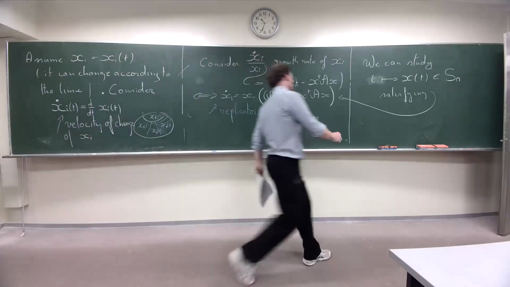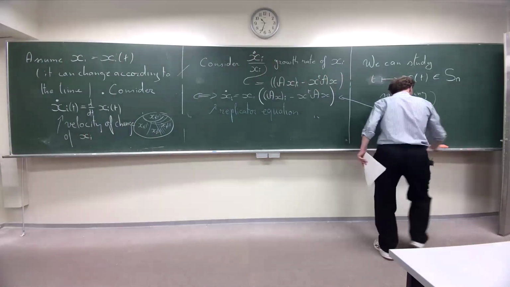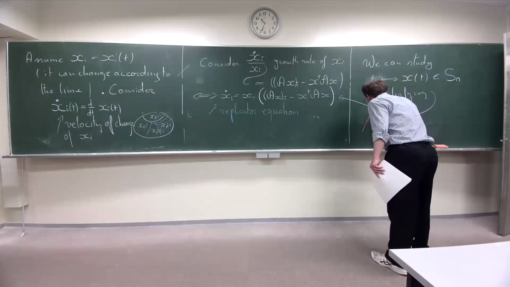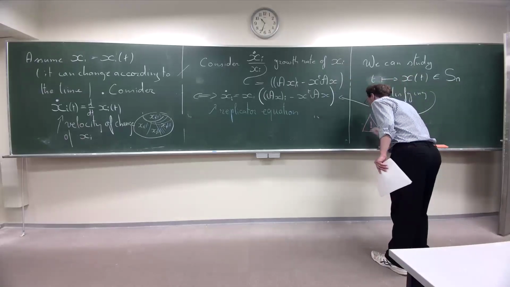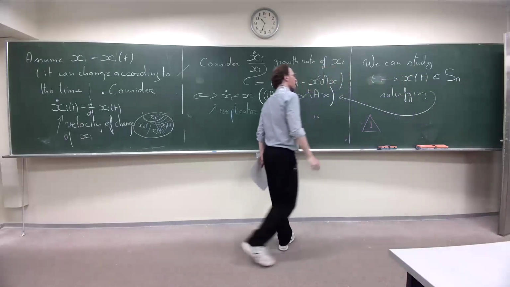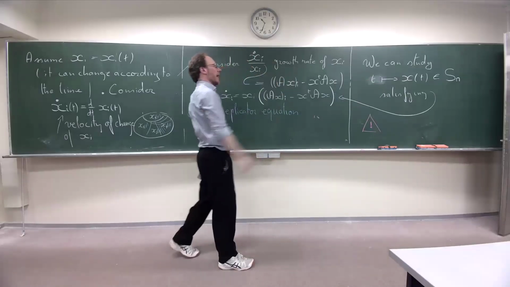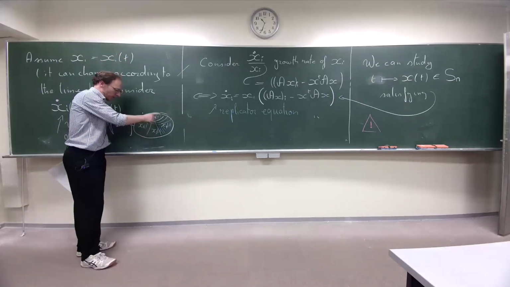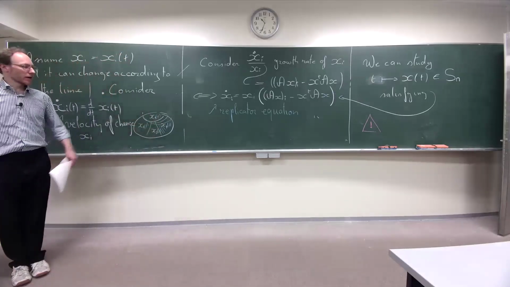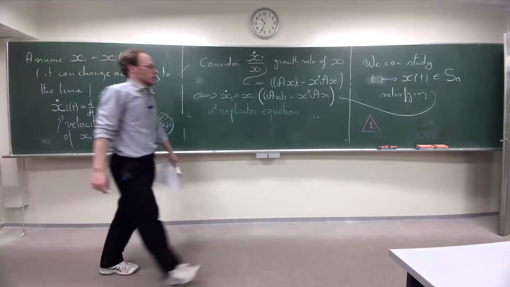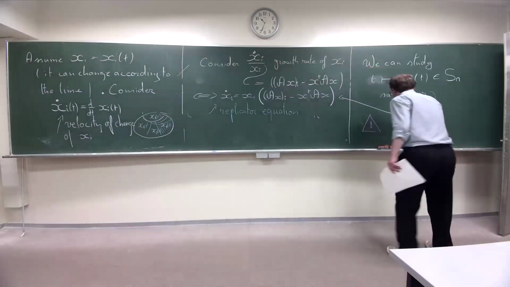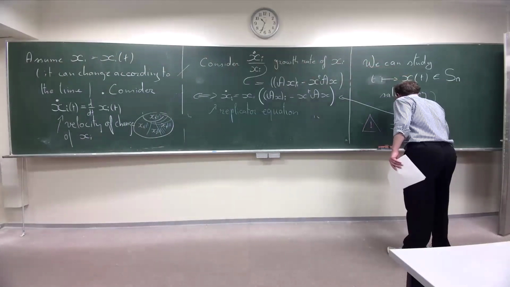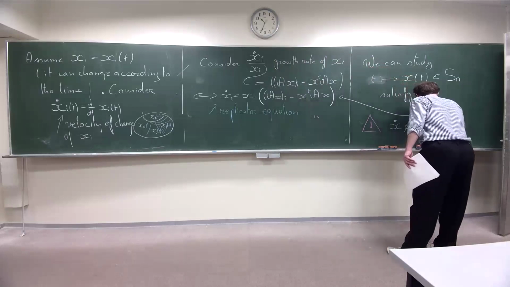Just, I want to make clear about one thing. I'm sure you wouldn't make this mistake, but just let me. x(t) has to always sum up to 1, because these fractions have to add up to 1. But it doesn't mean that x dot belongs to Sn.